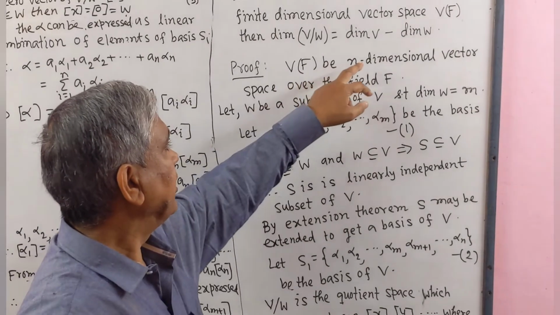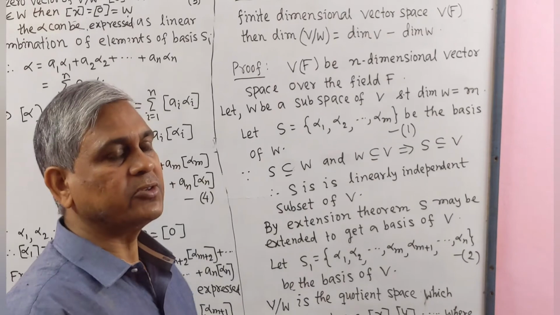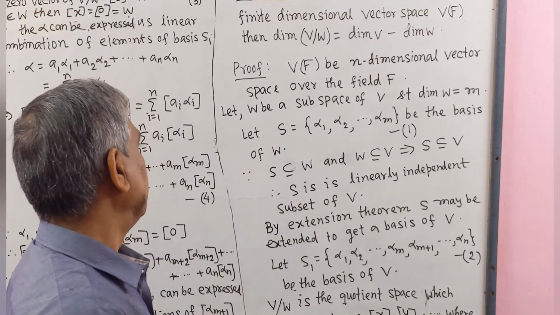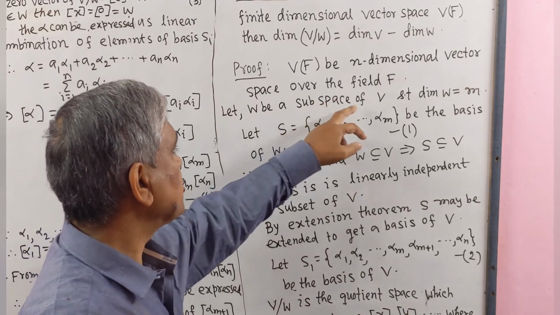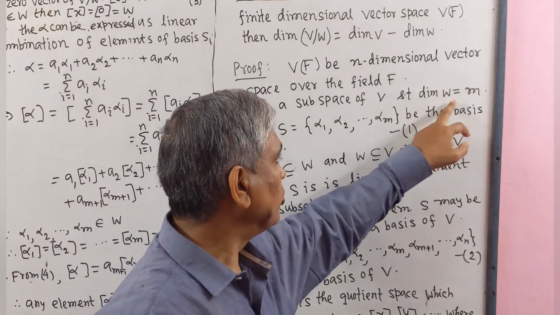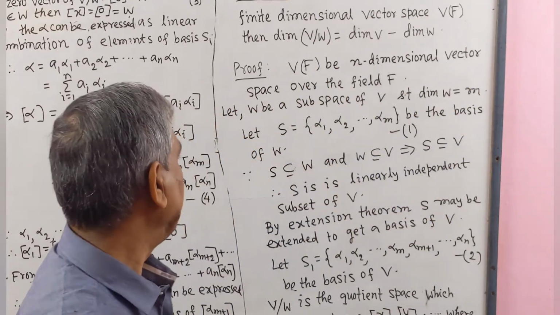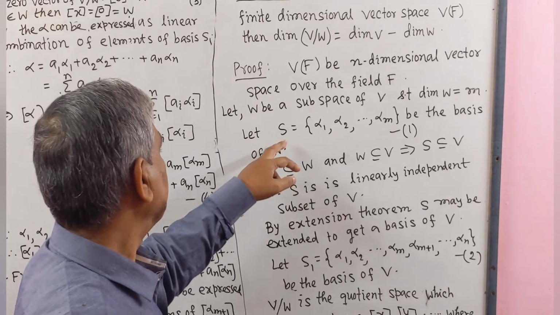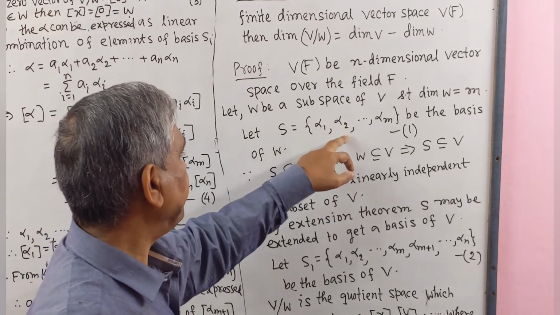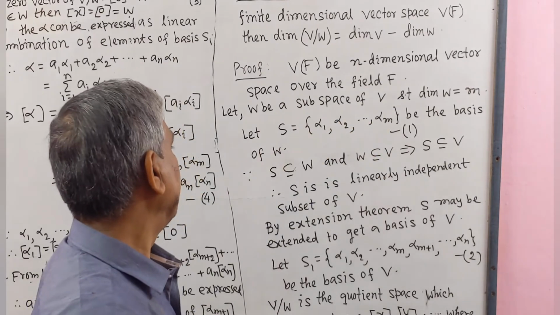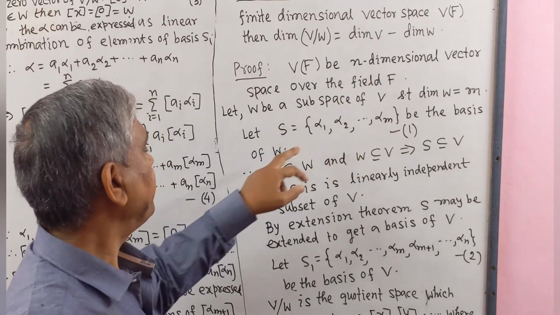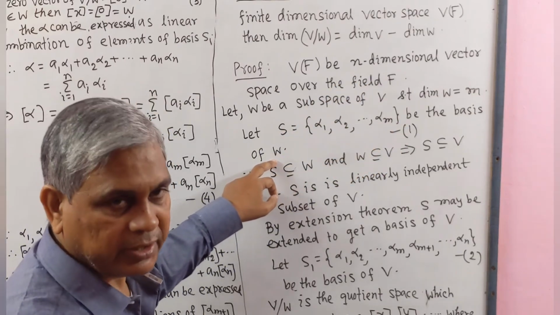Let V be an n-dimensional vector space over the field F. Let W be a subspace of V such that dimension of W equal to m. Let the set S contain vectors alpha 1, alpha 2, up to alpha m, and let this set be the basis of subspace W.